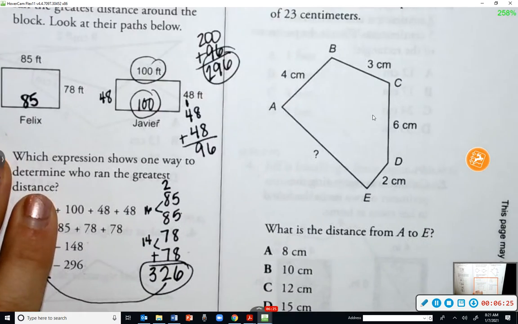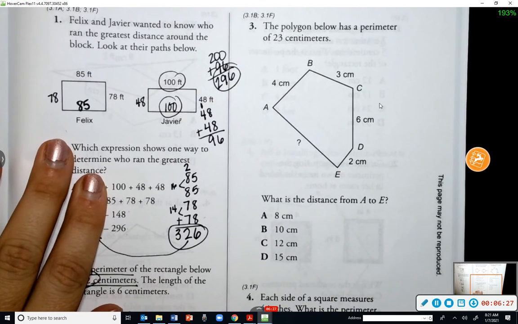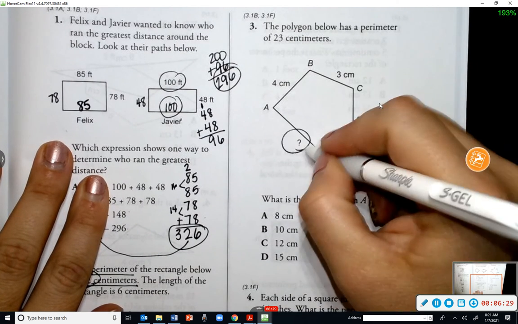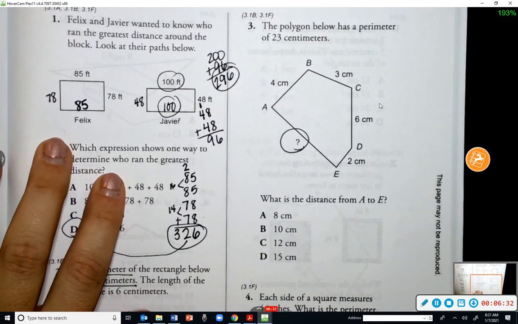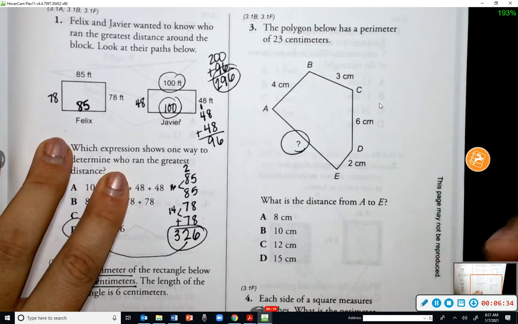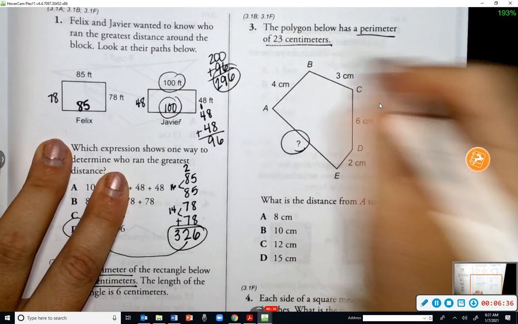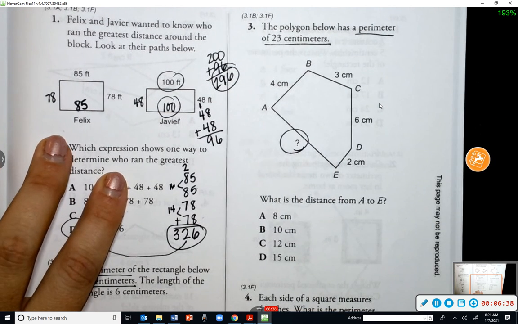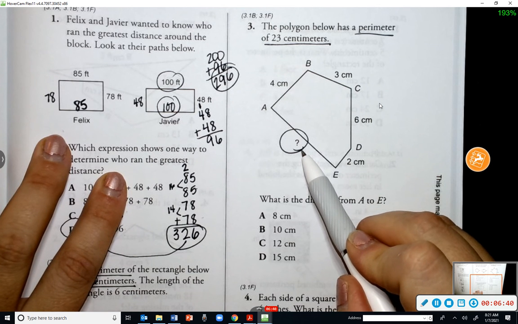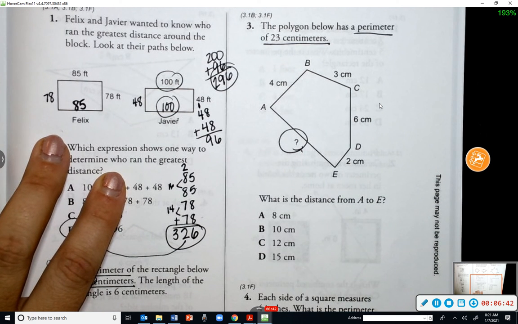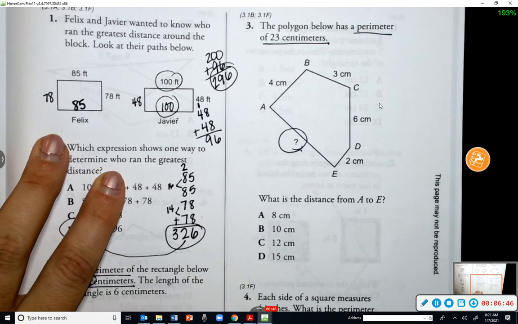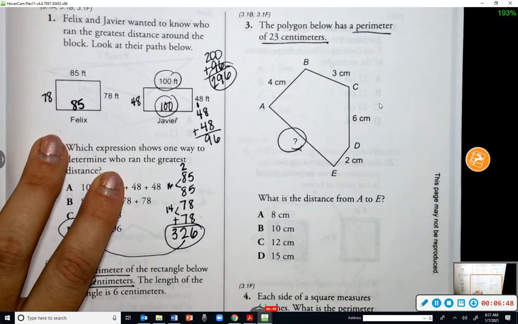Okay, number 3, you're doing the same thing. You're finding the missing side. The polygon has a perimeter of 23 centimeters. What is the distance from A to E? So right here, what is this distance? Who can tell me what I need to do first to find that missing side? Kaylee? Good.